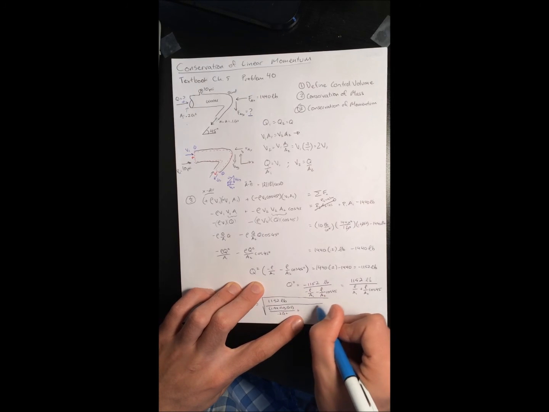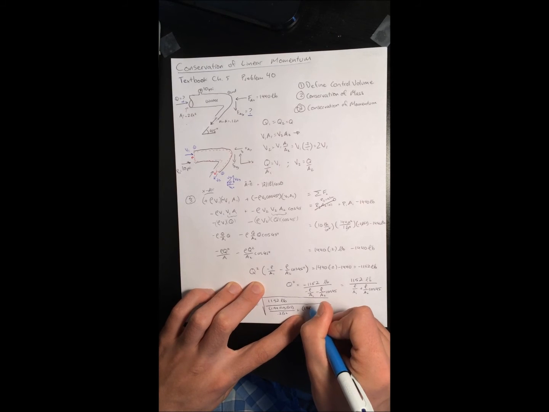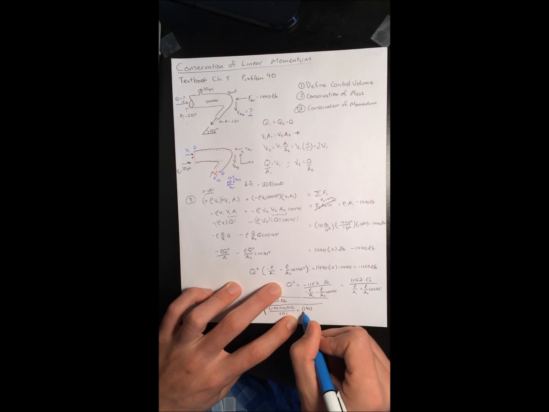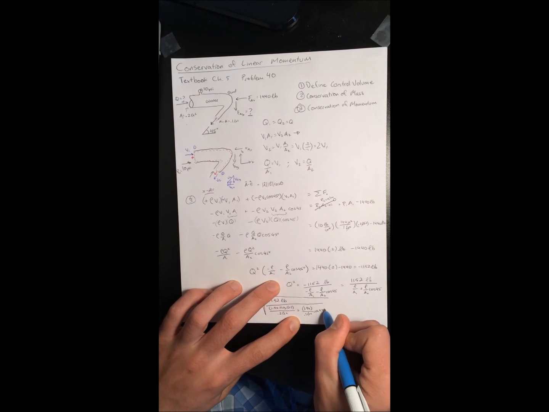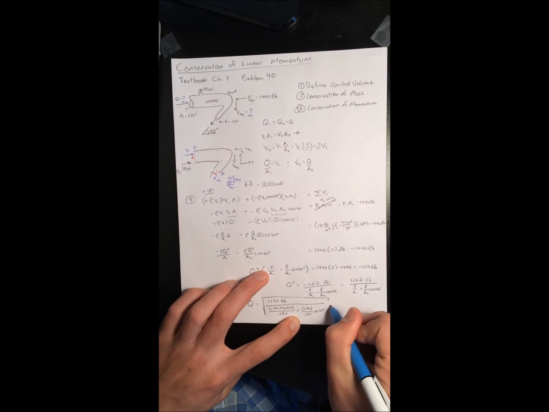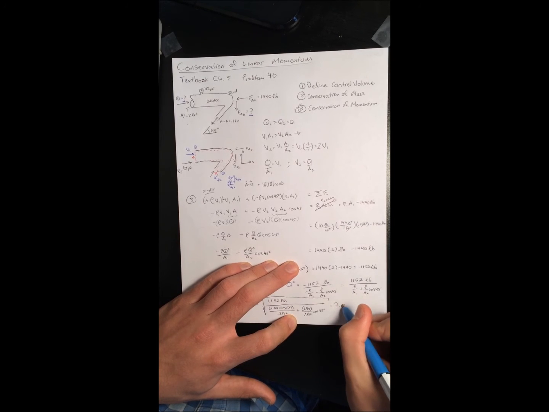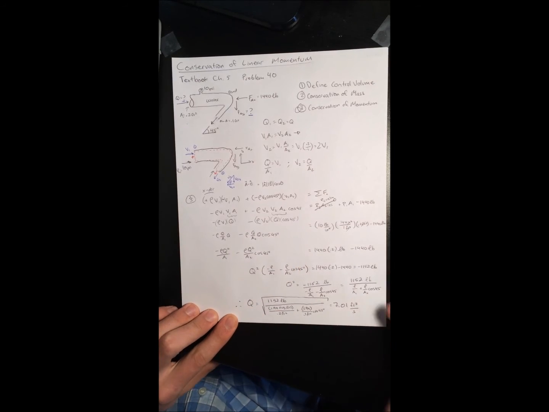For the sake of space, I'm just going to write rho, well, I can go 1.94 is rho, slugs per cubic feet, but I'm going to leave the units off just to save a little bit of space on my work here. A2 is 0.1 feet squared, cosine of 45 degrees. That is Q. And my final answer here is 7.01 cubic feet per second. That is my flow rate Q.